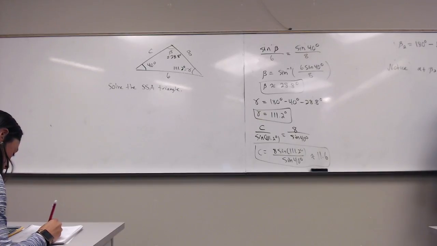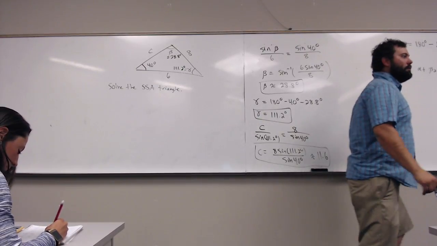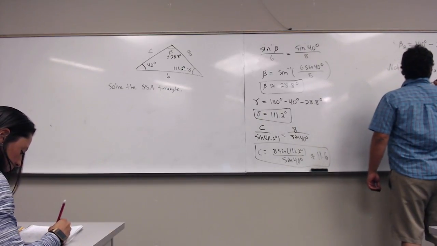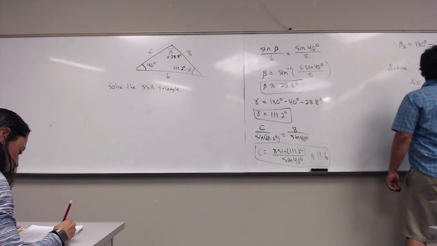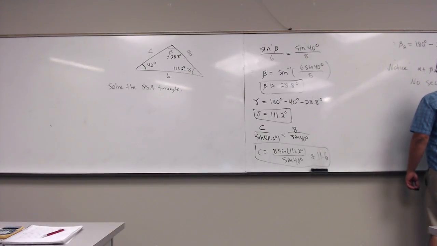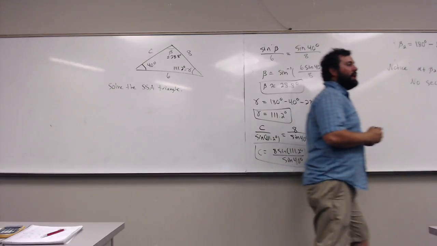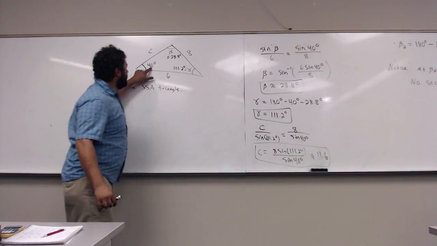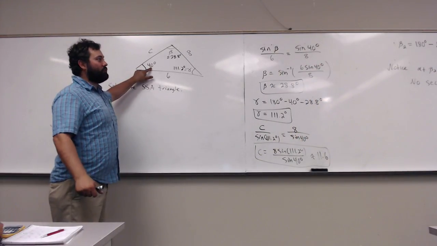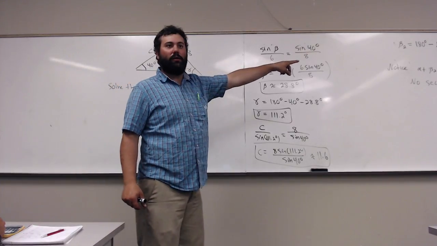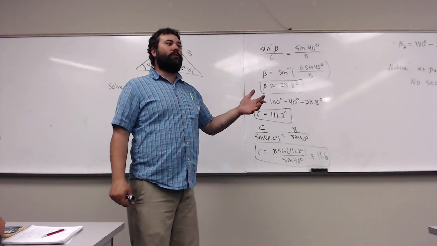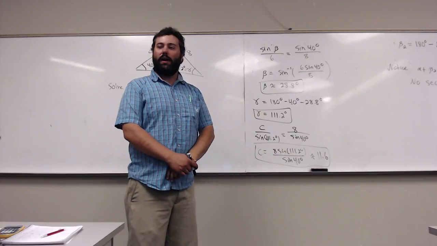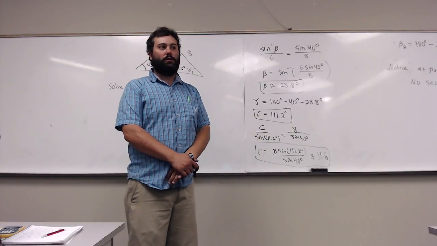That's greater than 180. So no second triangle exists. Basically, if both of those angles are going to be in the second triangle, there's no room for a third angle because those angles add up to more than 180.